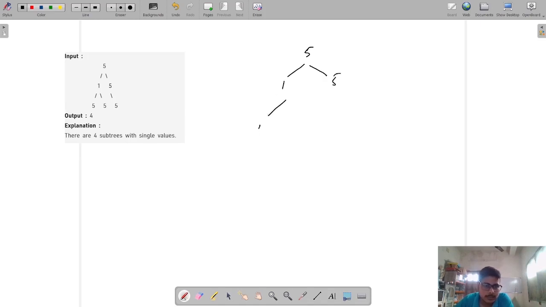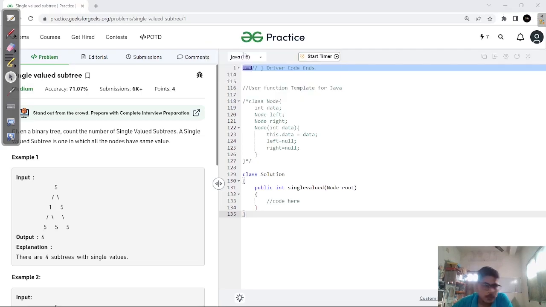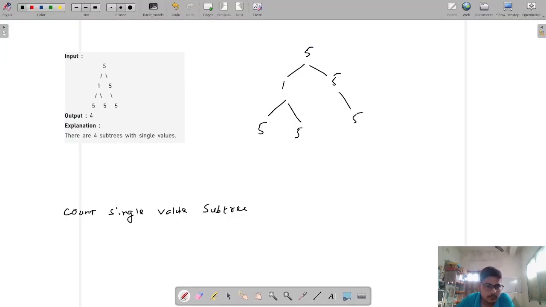This is a tree which is given, and we have to count the single value subtree, right? We have to count the single value subtree.